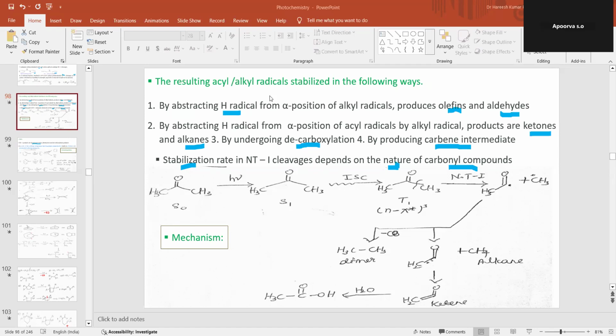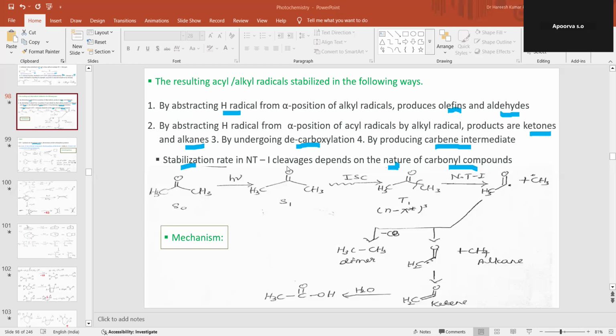The resulting intermediates are stabilized by abstracting the hydrogen radical from the alpha position of the radical, which produces olefins and aldehydes. By abstracting a hydrogen radical from the alpha position of the acyl radical by the alkyl radical, the products are ketones and alkenes, by undergoing decarboxylation or decarbonylation, and one more method is by producing carbene intermediates.